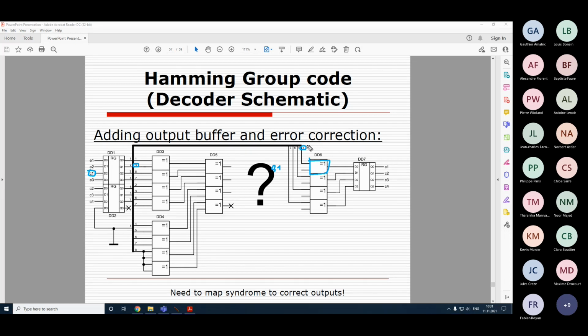If it is 1, then the symbol will be inverted, effectively correcting the error. Yes, so what we need to do now is convert this syndrome into symbol 1 sent to the correct position, to here, to here, to here, or to here.